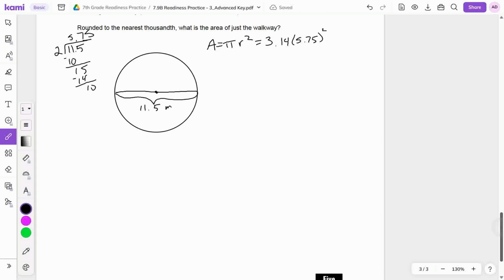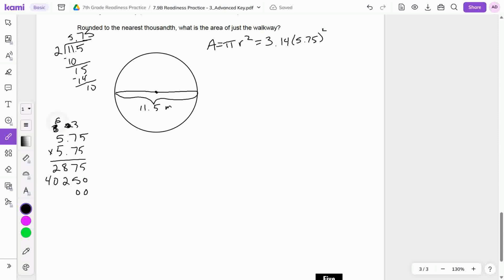All right. So that's going to be quite a bit of multiplication. So let's give ourselves a little bit of room here. I'll do it down here. First, I want to square the 5.75 times itself, and then we'll multiply that by 3.14. So that's 25, 35, 37. That's 25, 28. Let's get rid of those. And I've got 35. That's going to be 49. That's 52. 35, and that's 40.